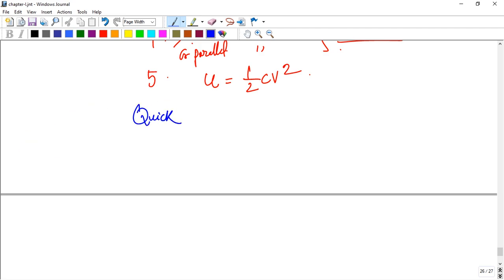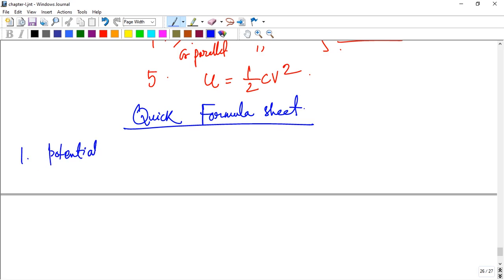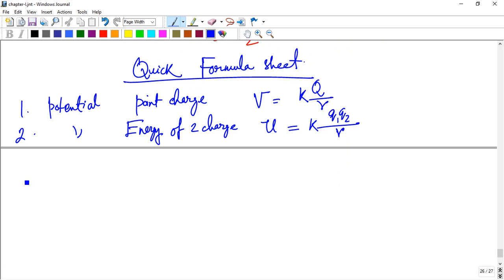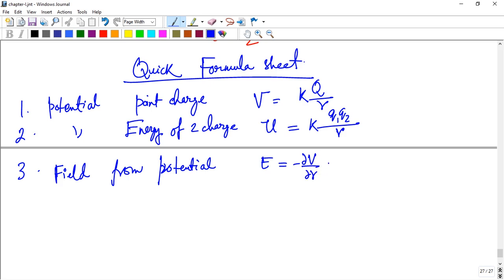First is the potential of a point charge, that is V equals KQ by R. Number 2, potential energy of two charges, that is U equals K Q1 Q2 by R. Number 3, field from potential, that is E equals minus dV by dr.